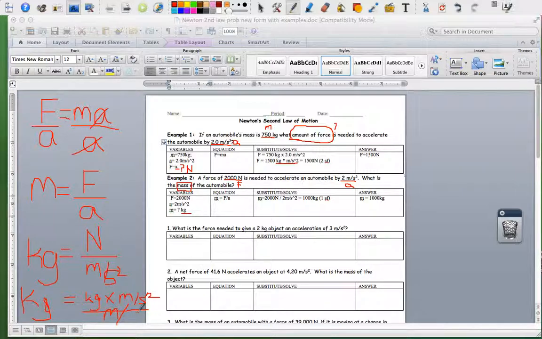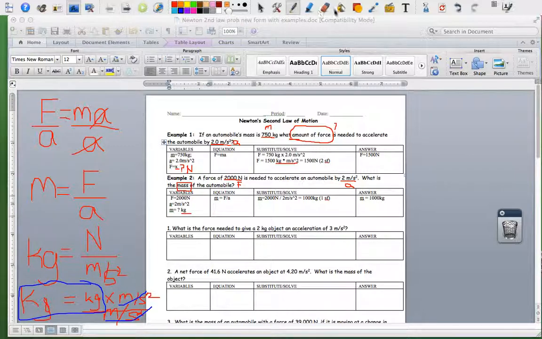When we do that, and I'm going to change colors here, the meters per second squared crosses off and kilograms would be equal to kilograms.